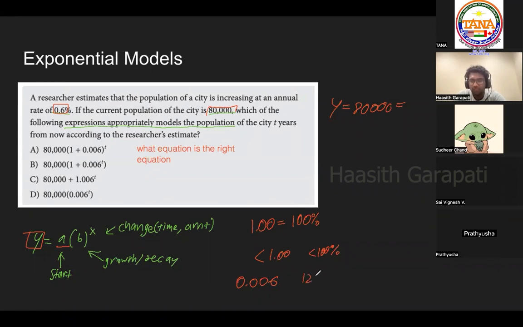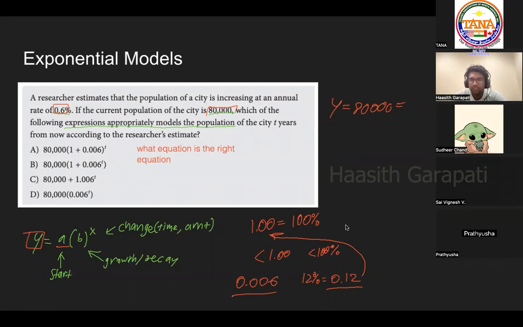If you had 12%, it would be represented as 0.12. And then whether or not it's going to be an increasing or decreasing factor, you add this value to 1.0 and you get how much your population is growing by.